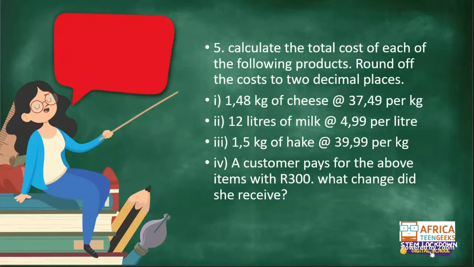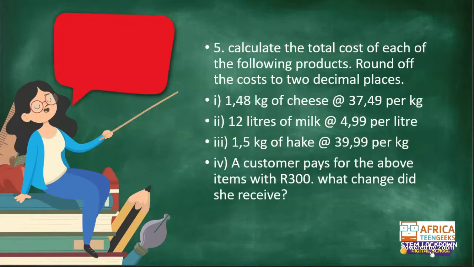I times 1.48 kgs times 37.49. Yes, and you say you got how much? 55.48, 52. Exactly. So just shelve that number, we will come back to it. Write it down somewhere and then just shelve it.